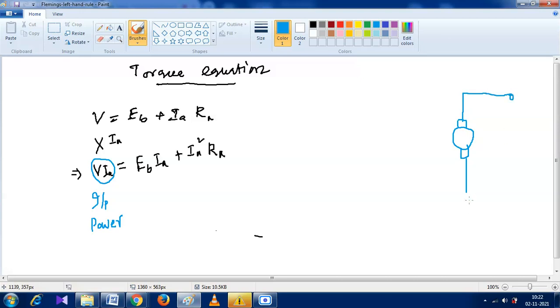So we can say V into IA is the input power.